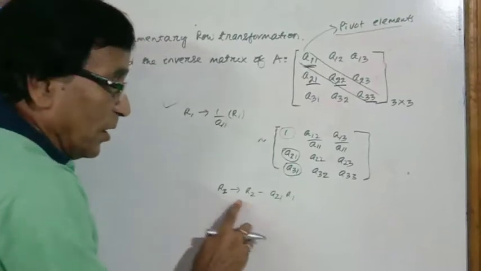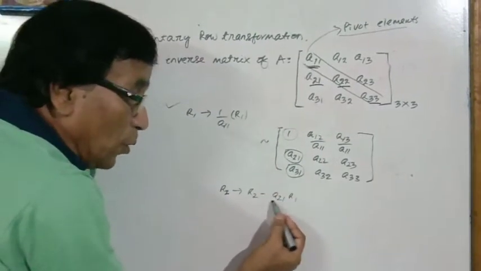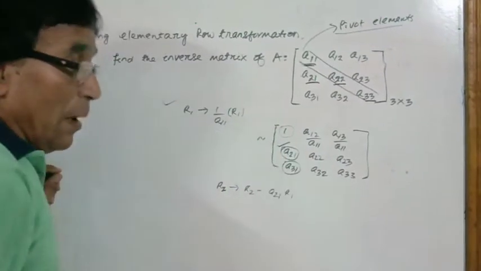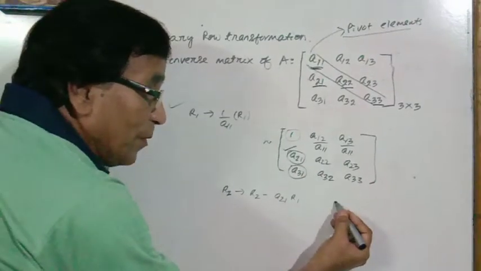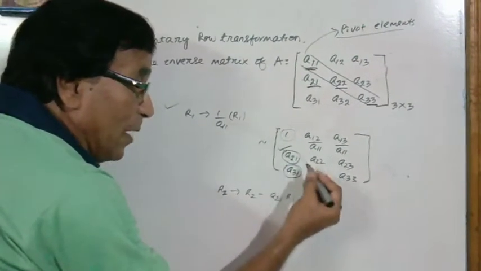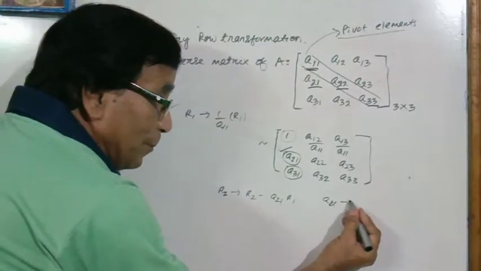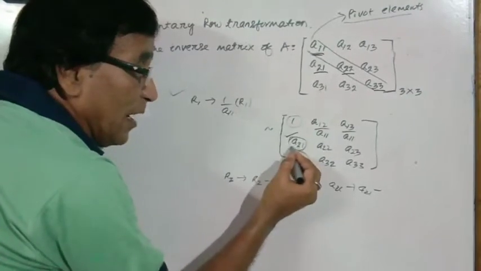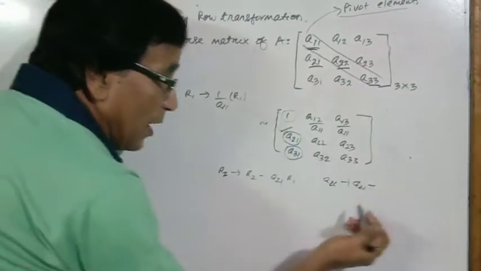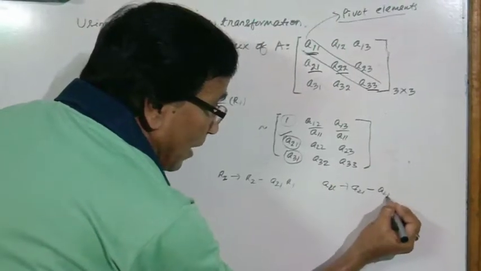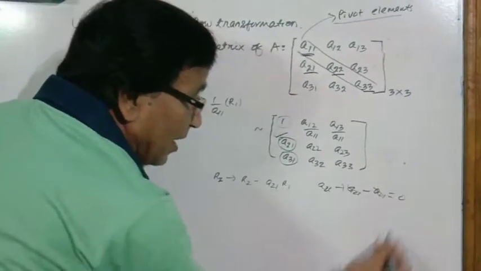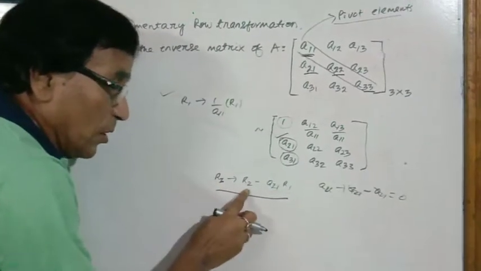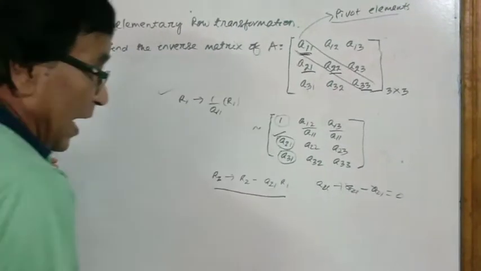If we take this substitution, then this element will be 0, because A21 minus A21 into the corresponding element of row 1, which is 1, is A21 into 1, so A21 cancels out and it becomes 0.